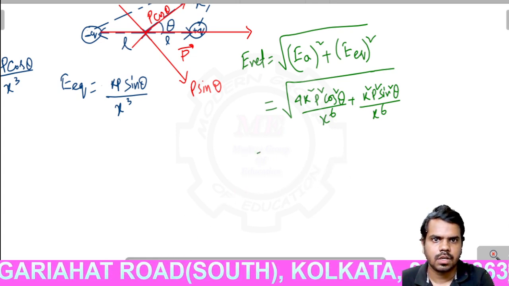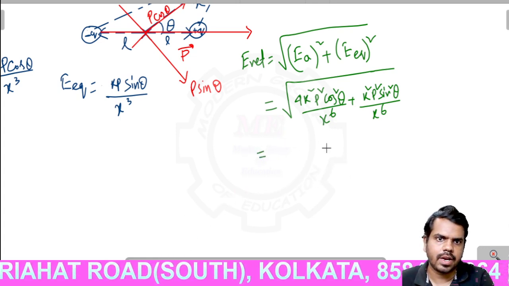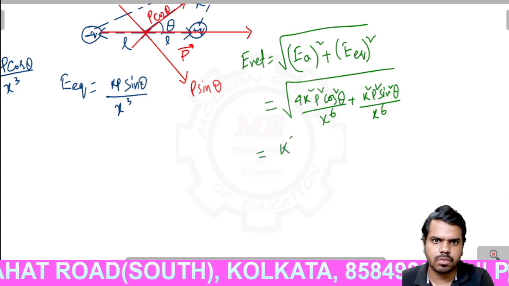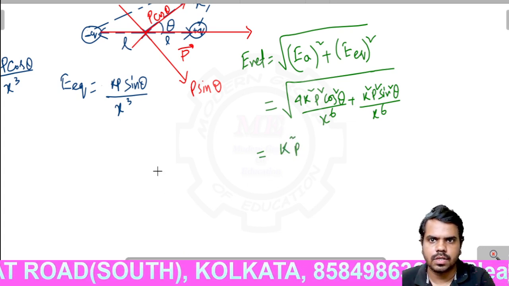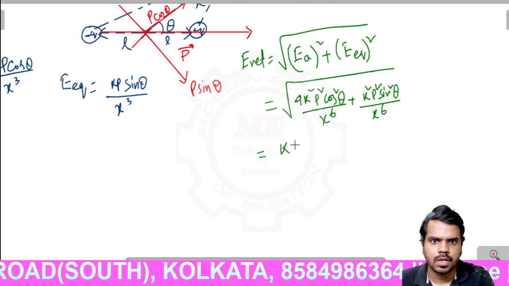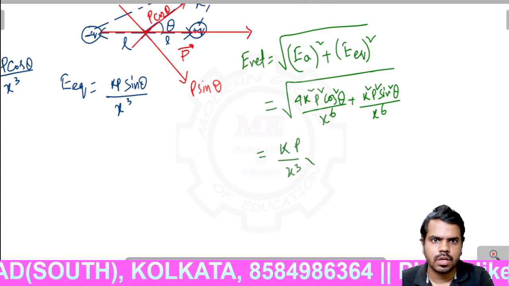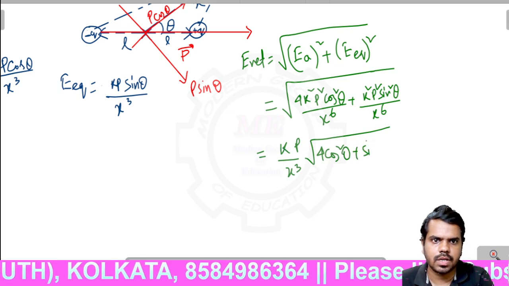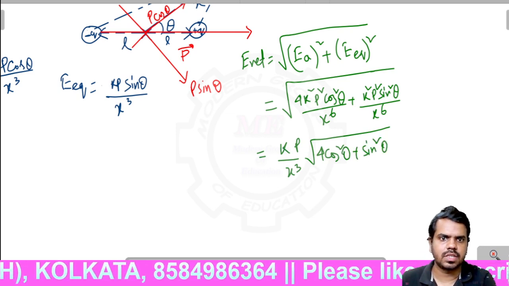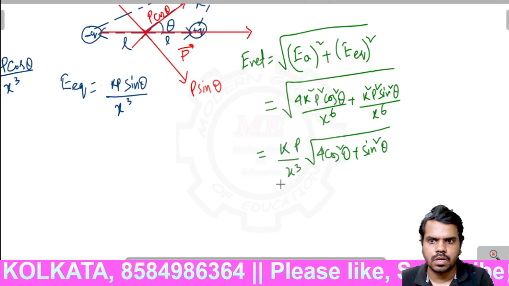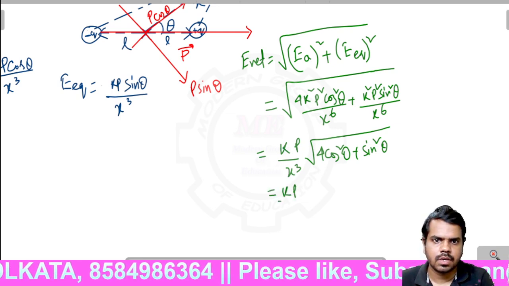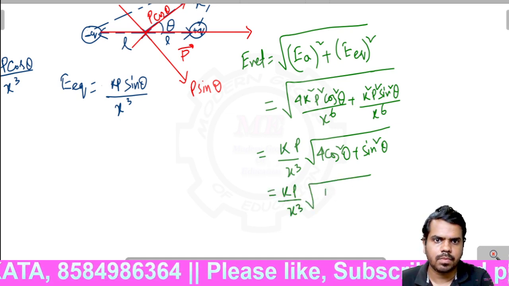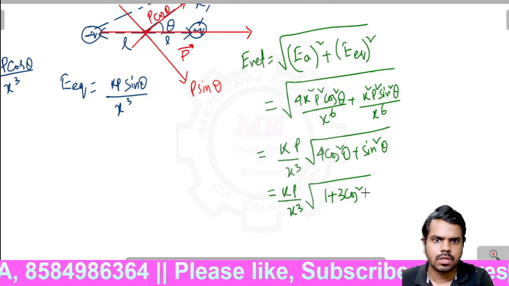So here if we take the common and get it out from the root, then kp by x cube into root over of 4 cos square theta plus 1 sin square theta.